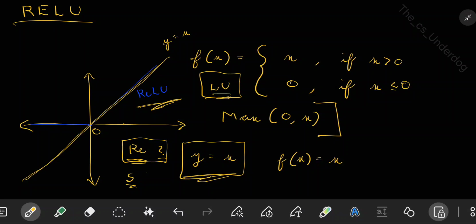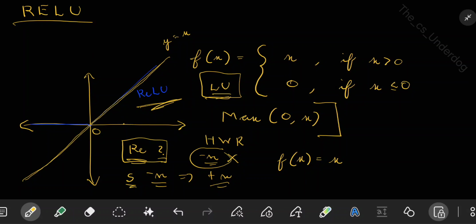Whichever are the negative values, these negative values will be turned into positive values. Similarly, you have a half wave rectifier. Whenever it has negative values, it will cut off those negative values. So either way, a rectifier in signal processing is useful for removing the negative side.